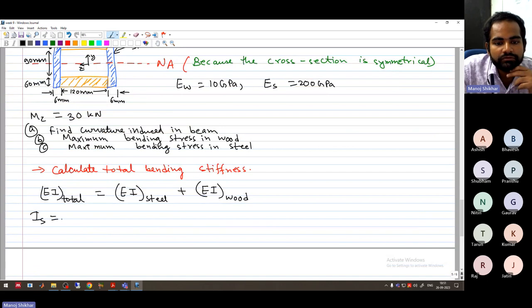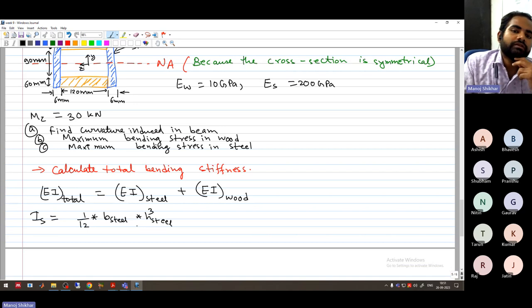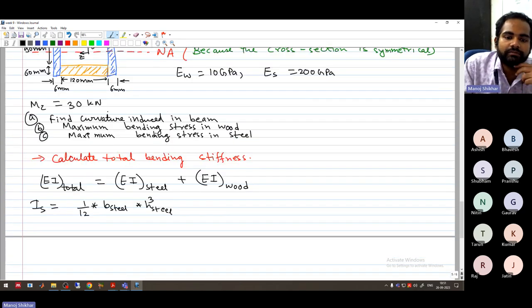I is equal to 1 by 12 into B of steel into H of steel cube. Okay. And since we have 2 bars of steel, we can multiply this by 2.